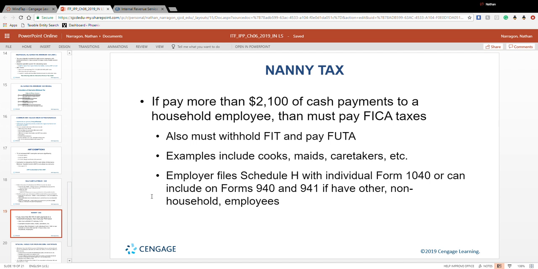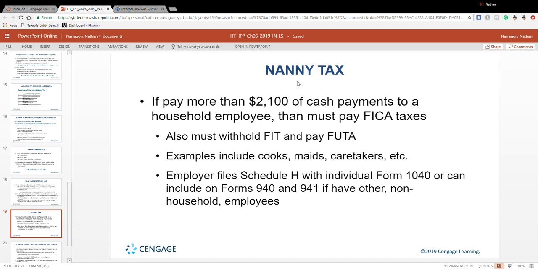So if you're hiring basically any kind of household worker, this is something you have to put in. Basically, you're giving them a wage. That's what's going on. They're part of your employment. So they have examples right here: cooks, maids, caretakers, etc. The most common one is the nanny.